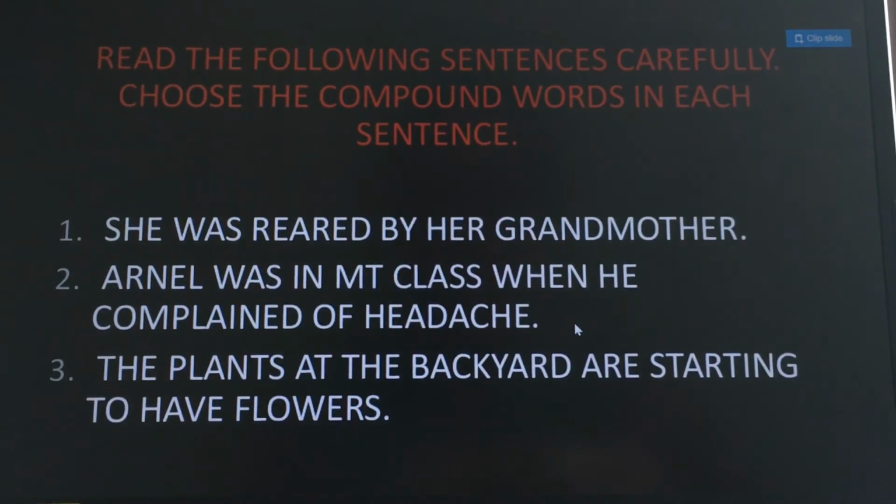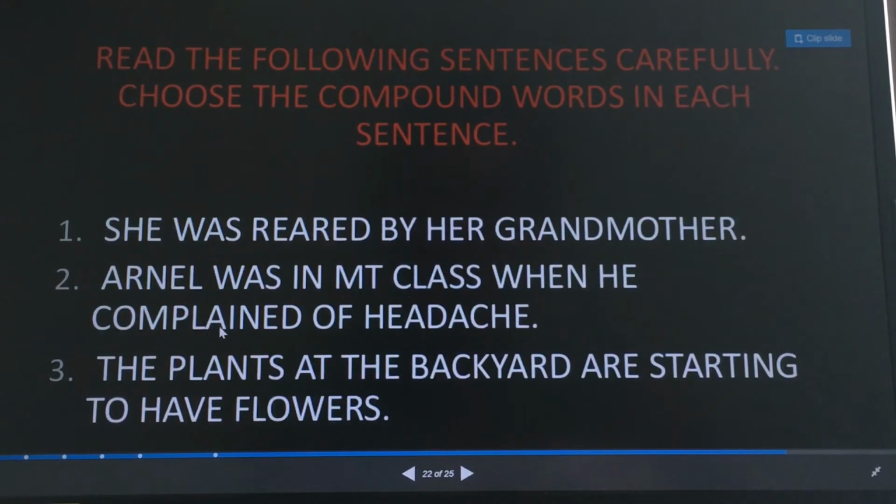If complain, what are the 2 words here? Is it complain or what else? Headache. Not complain but headache, from head and ache. Okay.